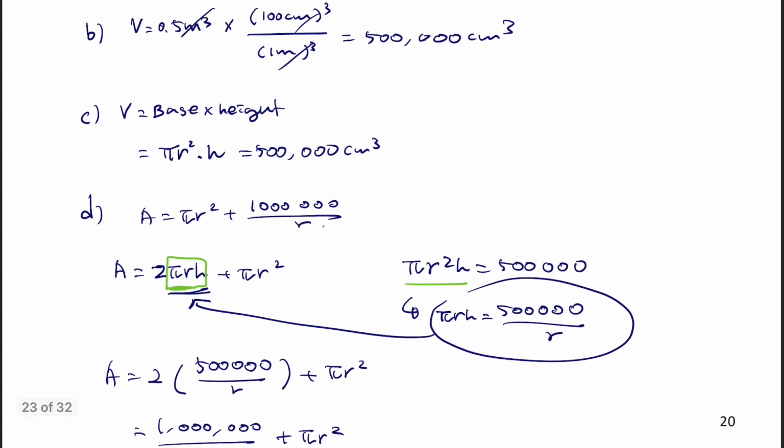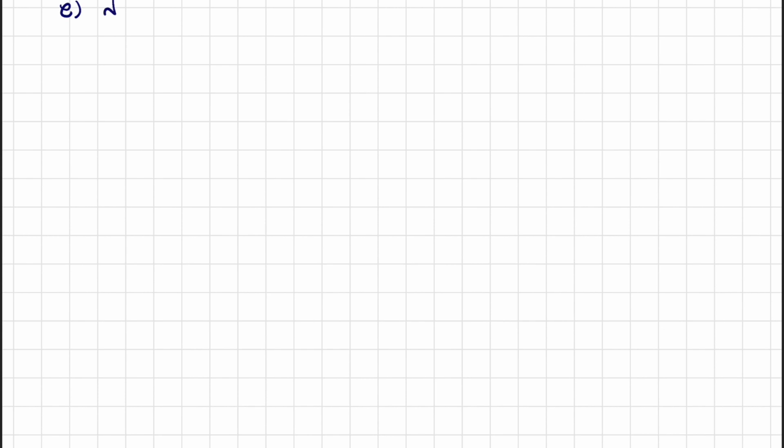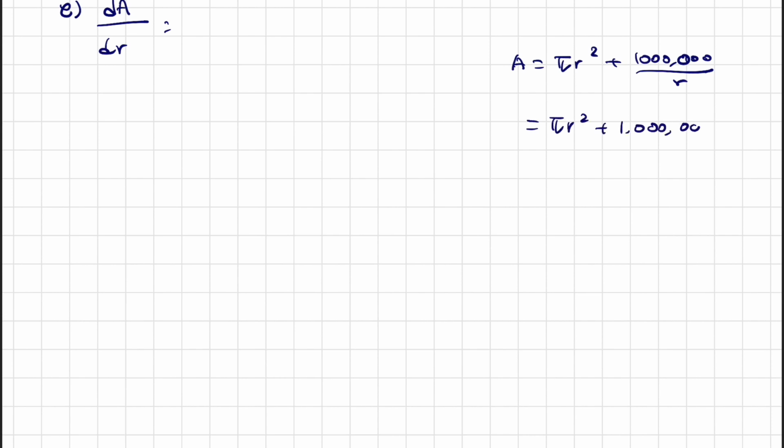Then question E, we need to find dA over dr. That means we need to differentiate the surface area function. We already know that the surface area equals pi r squared plus the value over r, which is pi r squared plus the value times r to the power of -1.